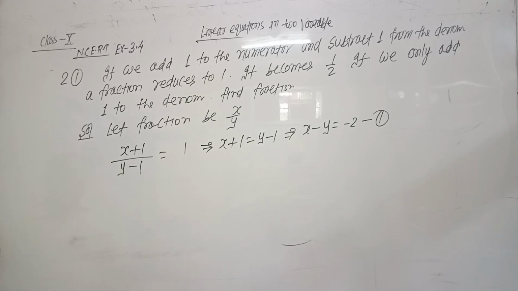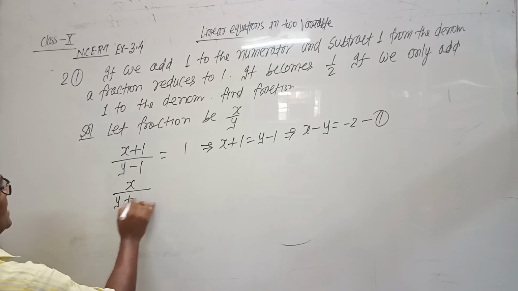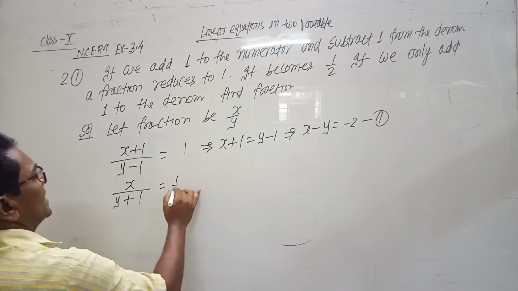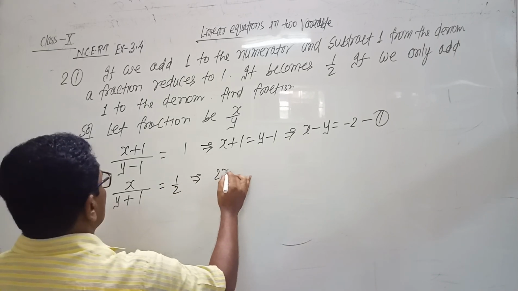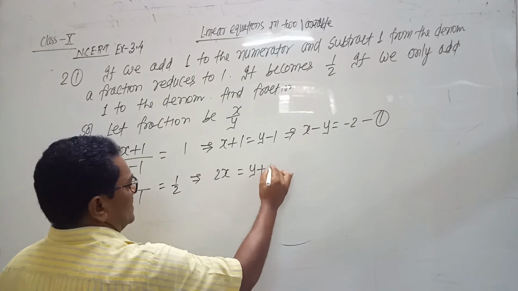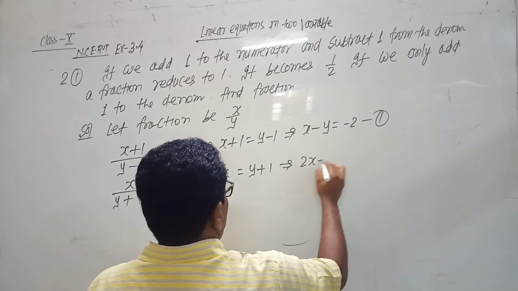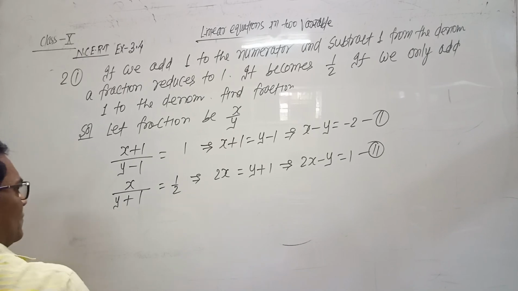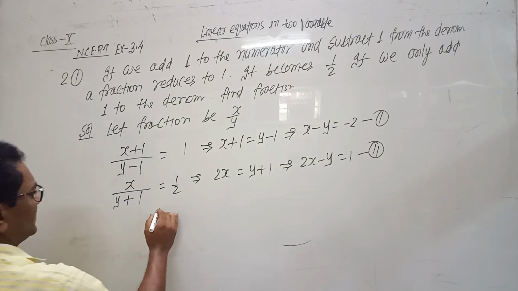And it becomes 1 by 2 if we only add 1 to the denominator, numerator as it is. Then the fraction becomes 1 by 2, so 2x equals to y plus 1 and 2x minus y equals to 1. Second number equation.